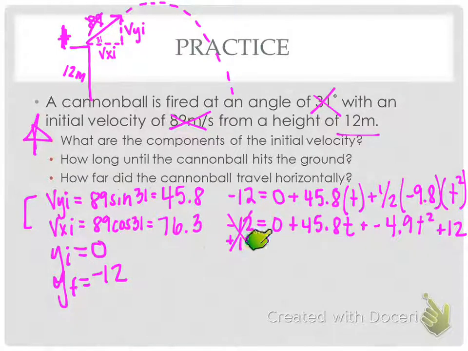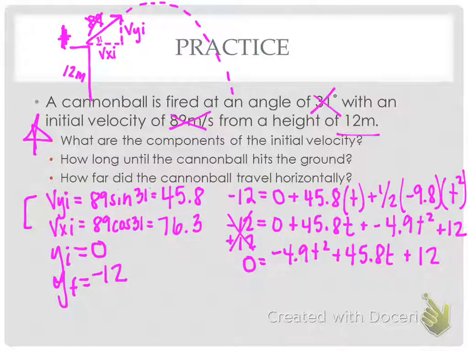We add 12 to the other side so that our c term becomes positive 12. So we say 0 equals negative 4.9 t squared plus 45.8 t plus 12. Okay, so our terms are a, b, and c.